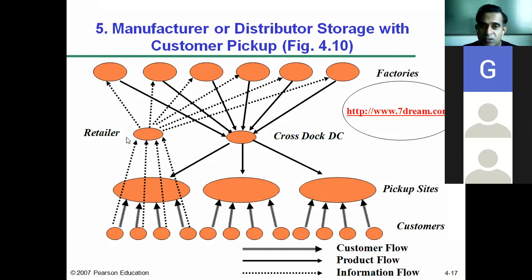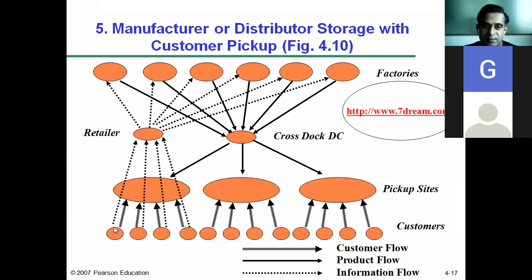As I mentioned in the previous example, if I consider Amazon or Flipkart, a customer first places an order, this dotted line, with Flipkart, let us imagine, and that order will be passed on by Flipkart to the manufacturer, let us say Samsung mobiles.